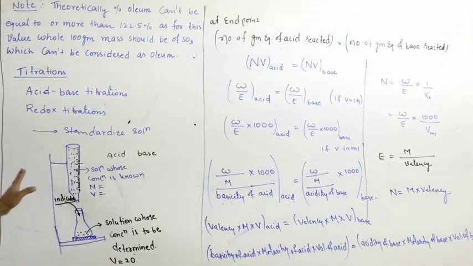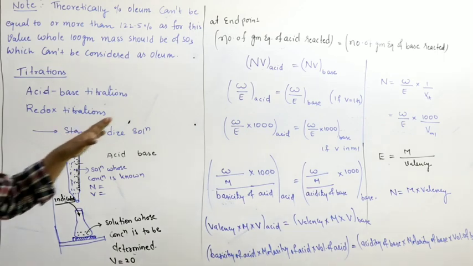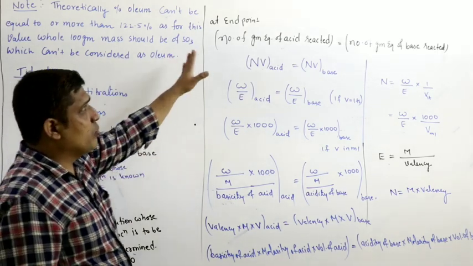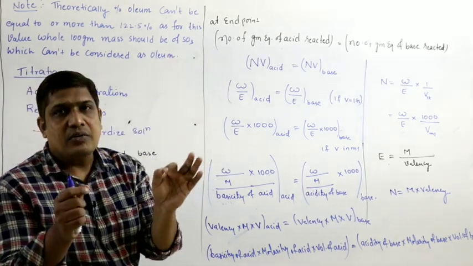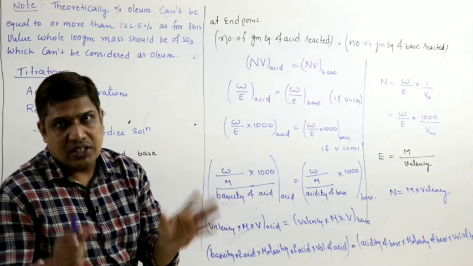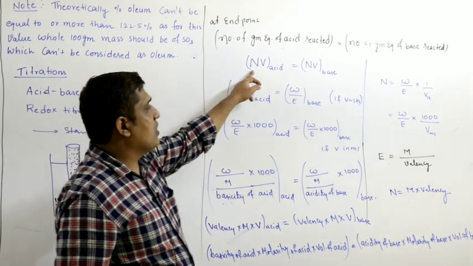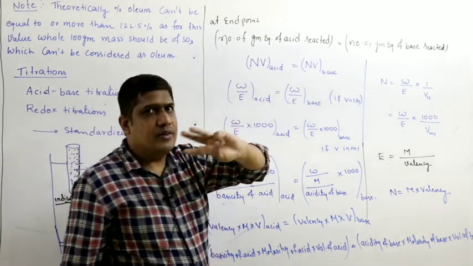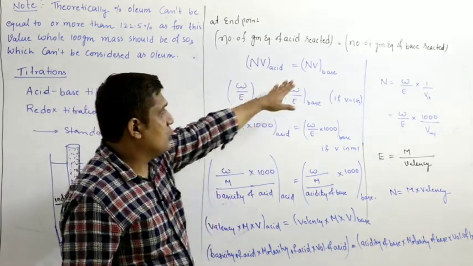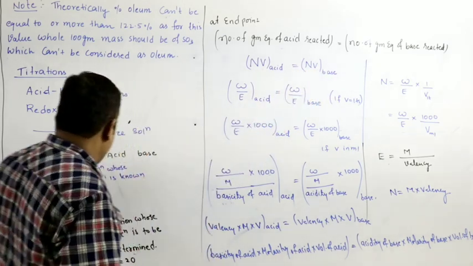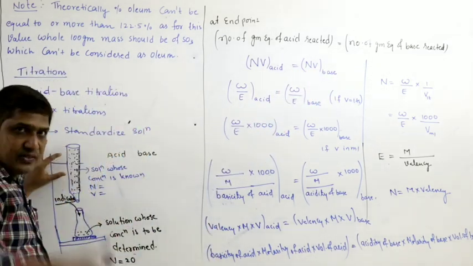Right. So I think you have understood for acid and base at end point. End point is nothing but after completion of the reaction, that means complete neutralization. So we have 4 variables. 3 will be provided. How? Suppose you know the normality of base, here you are taking base. Normality of base will be given.